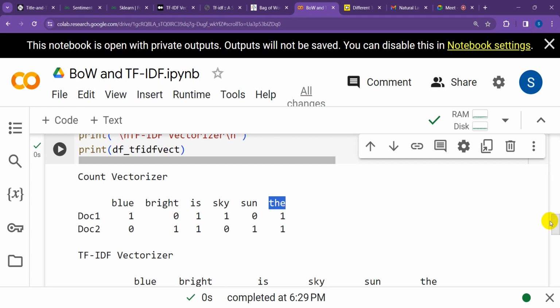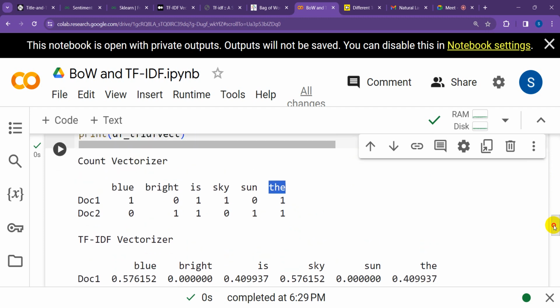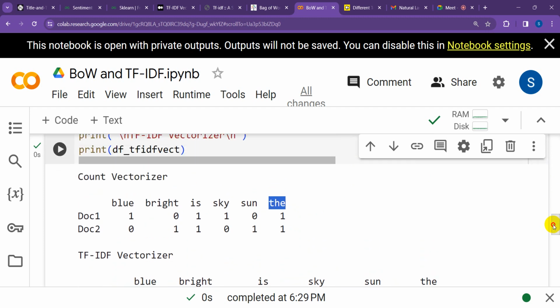Ma'am, this count vectorizer is here the bag of words? Yes, this is the bag of words representation. When you are doing the coding in Python, this is the set of libraries you will use and invoke. The names may not be the same, but the functionality goes by that name, right?